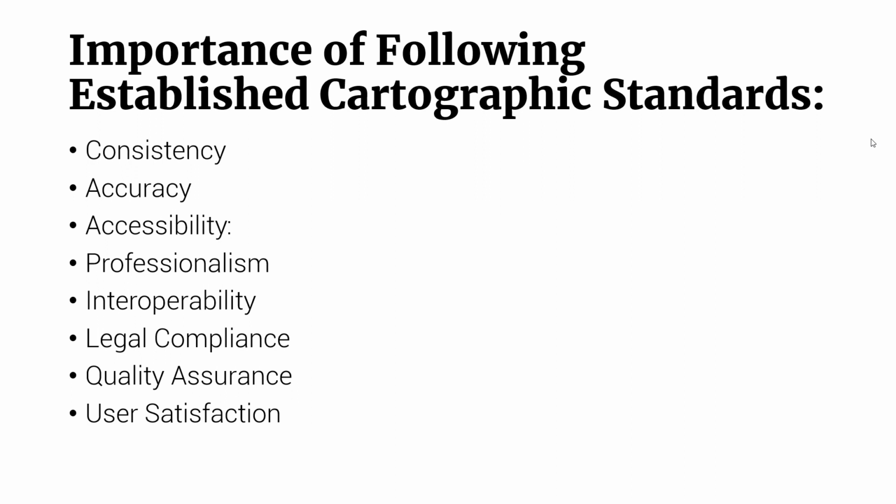The second one is accuracy. Established standards help maintain accuracy and reliability in map presentation, minimizing errors and misinterpretations. So for example, sa national agencies natin is yung yellow, yung land use, residential natin, and sa local, yung yellow natin is agriculture.